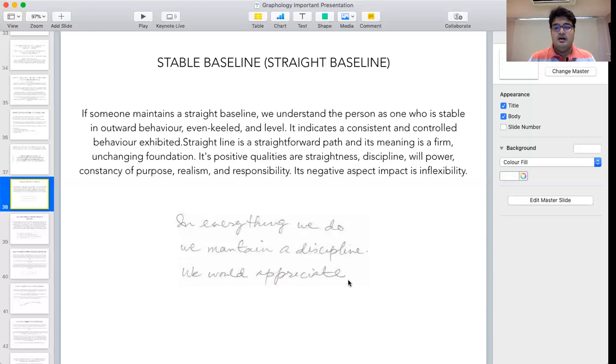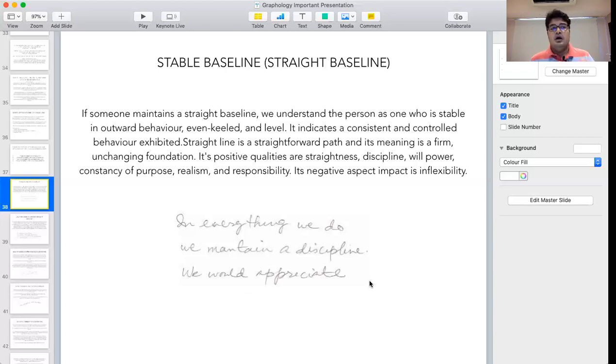So someone who is an army professional would have a straight baseline. Someone who has a routine, a fixed job, something which he or she has to do every single day at a certain time, that person would have a straight baseline.